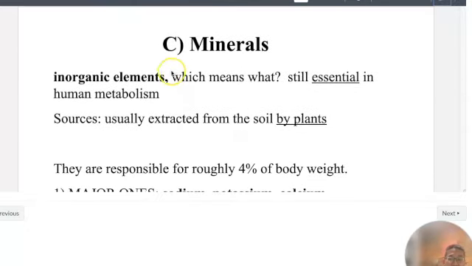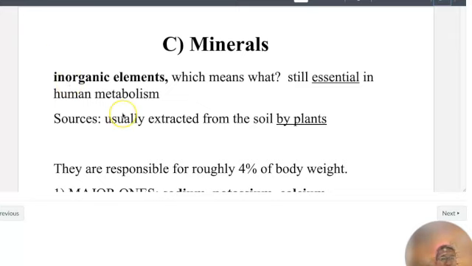Now, what are minerals then? Minerals are inorganic elements, versus vitamins, which are organic, but they are still essential. Okay, which means it does not contain carbon. If it's an inorganic element, it doesn't have carbon.